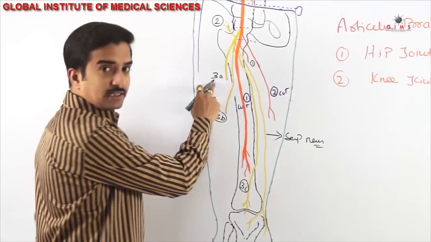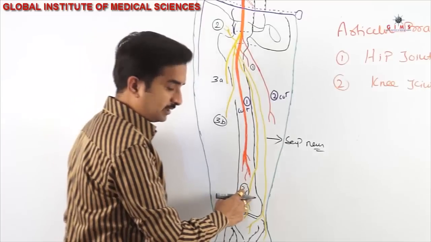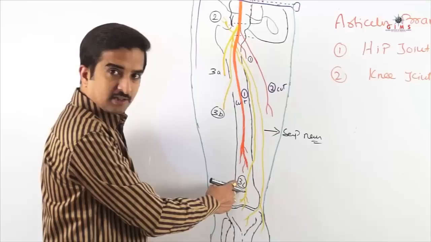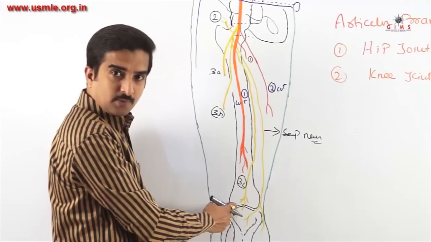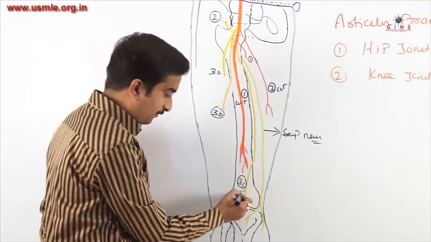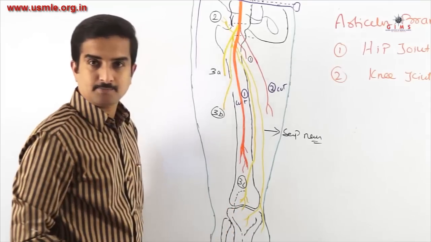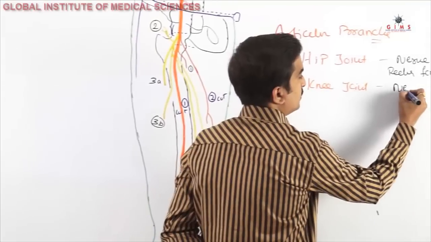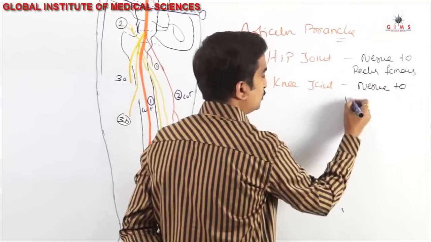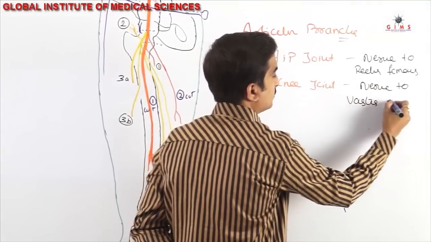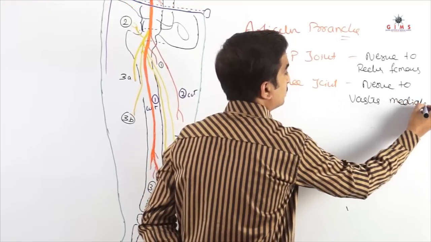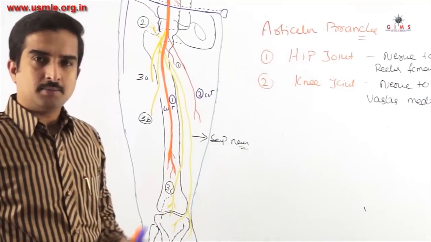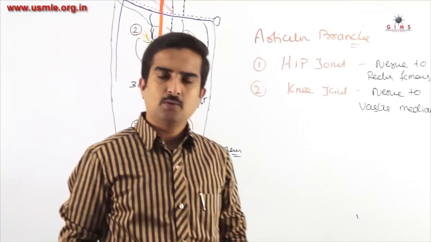This is the nerve to vastus lateralis, vastus intermedius, and this is the nerve to vastus medialis. So the nerve to vastus medialis gives off an articular branch to supply the knee joint, right? So the knee joint is innervated by the nerve to vastus medialis.